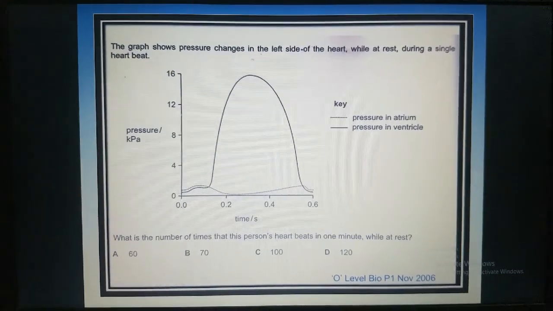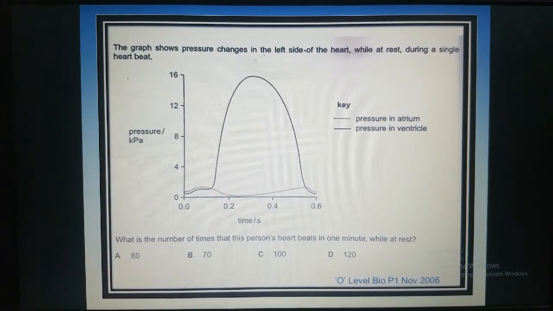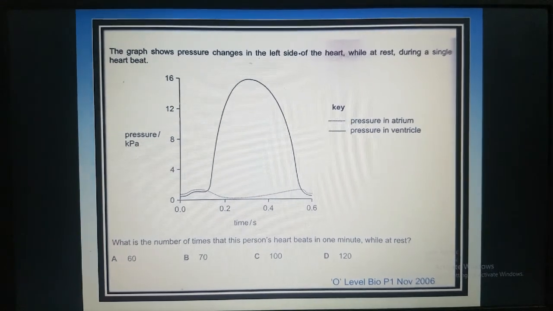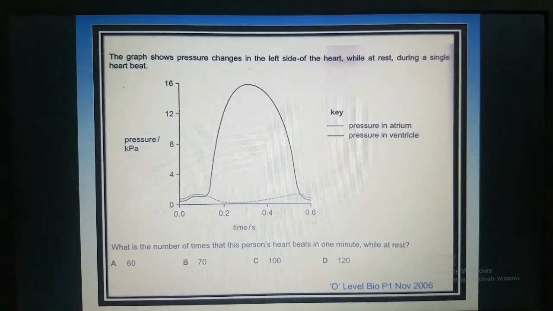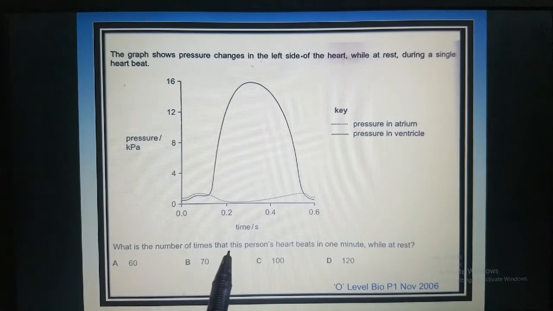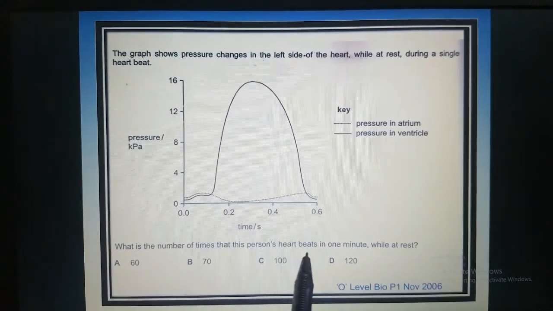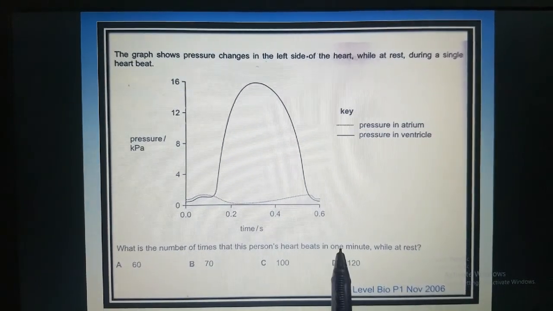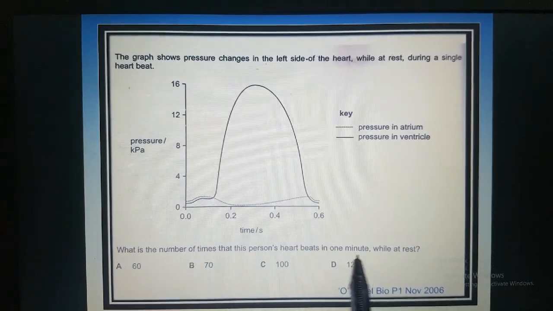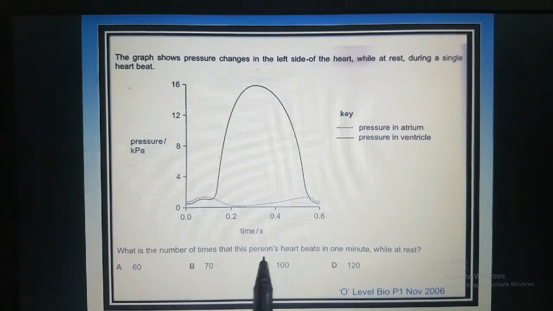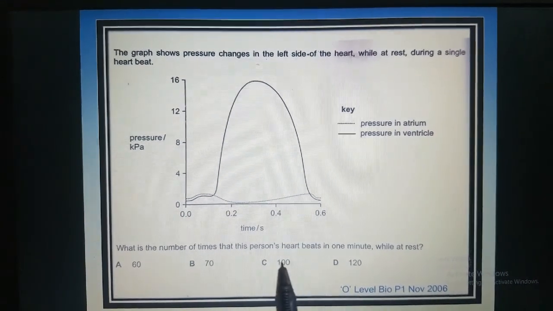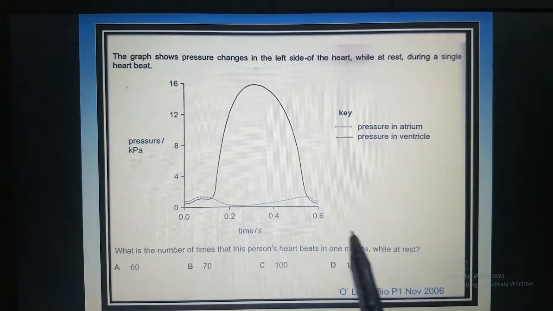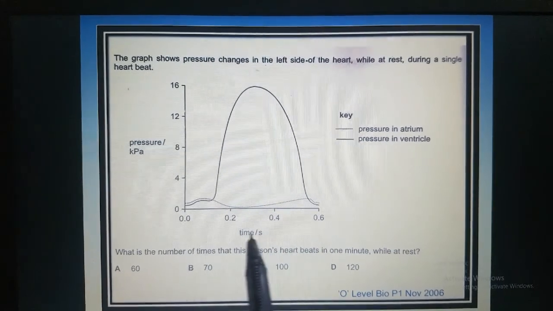There is one more question related to it. Again it is showing change in pressure on the left side of the heart while at rest during a single heartbeat. Now check the number of times this person's heart beats in 1 minute while at rest. It's about a person's heartbeat in a minute: 60, 70, 100, 120. In a minute you must know that there are 60 seconds, and the graph is per second.